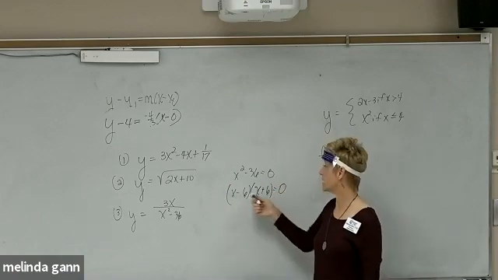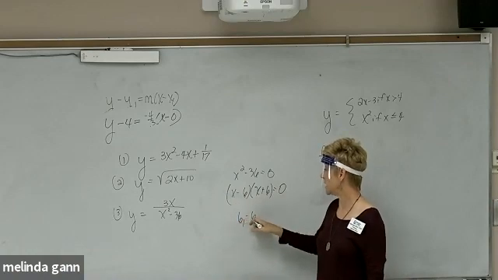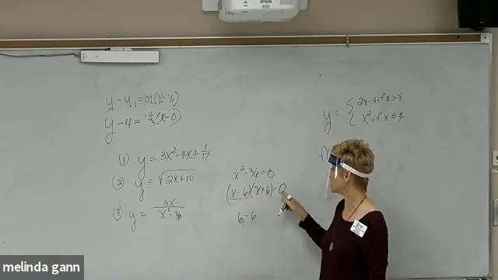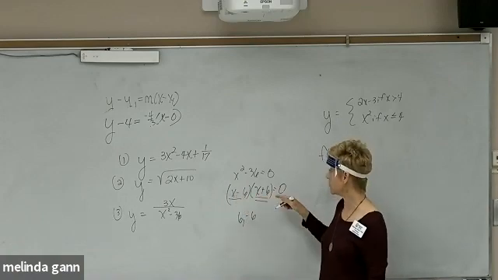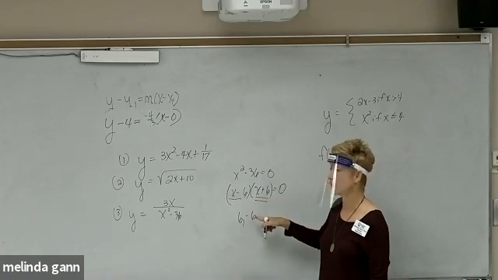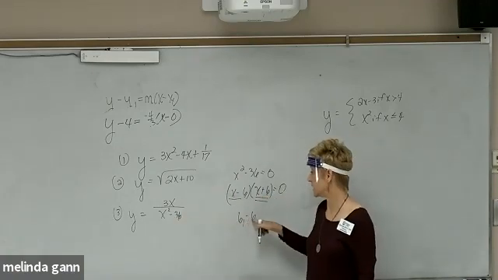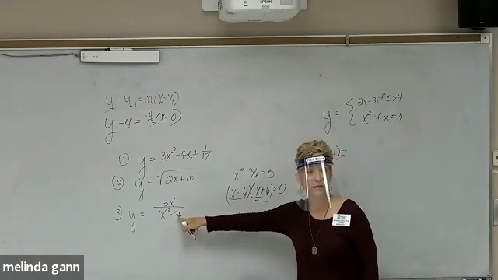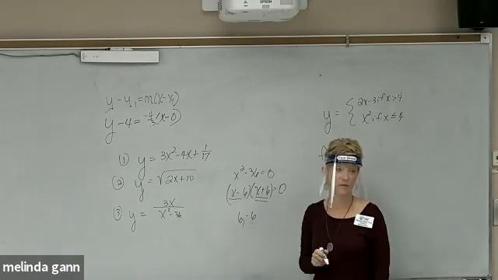So what are the 2 answers? 6 and negative 6, because if x minus 6 is 0, that means x has to be 6. If x plus 6 is 0, then x has to be negative 6. So is the domain 6 and negative 6? What's the domain for this? All real numbers but 6 and negative 6.